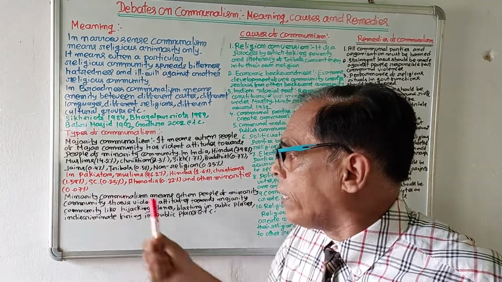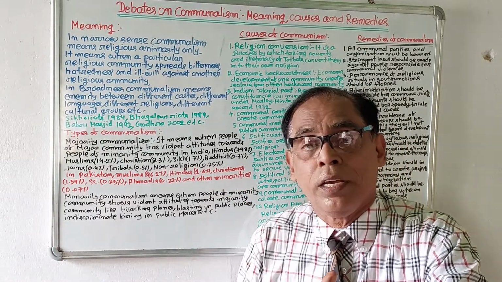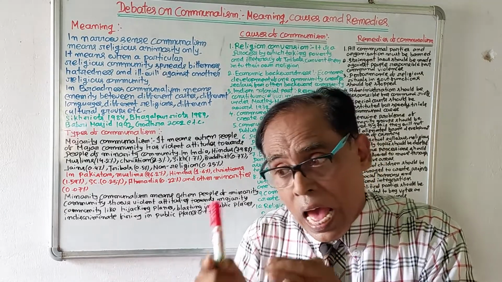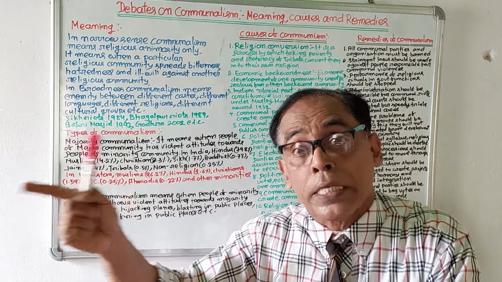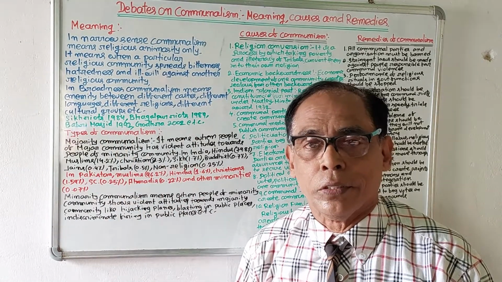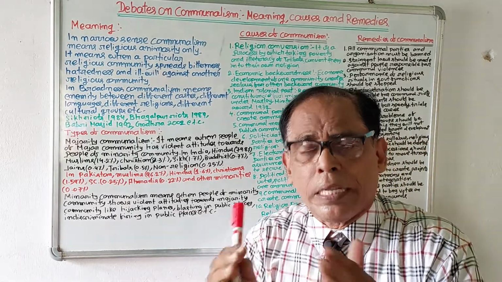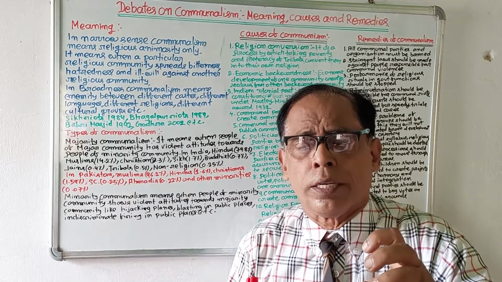But what is minority communalism? Minority communalism means in the same way, if people of a minority community will have a feeling of hatredness towards people of a major community. For example, in India, Muslims are minor community.